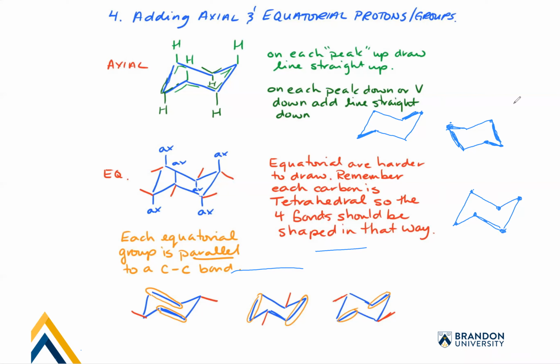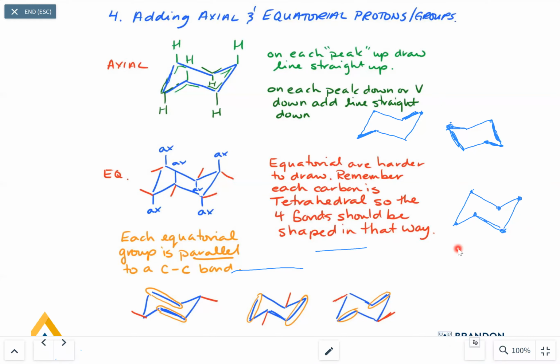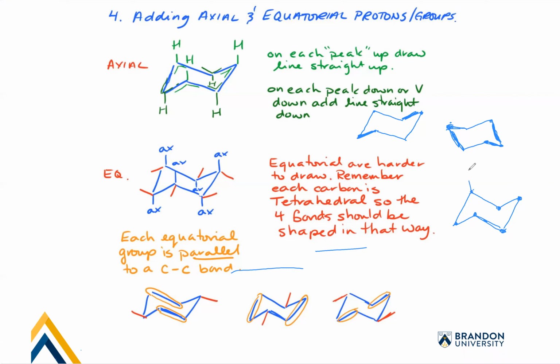So I guess I should use my laser for that. Like peak, up, like a peak, up. So this is up, up, peak, up, that's up. And then the valleys down, down, and down. So the axial protons, all you need to do is if it's a peak up, you just draw a line straight up.